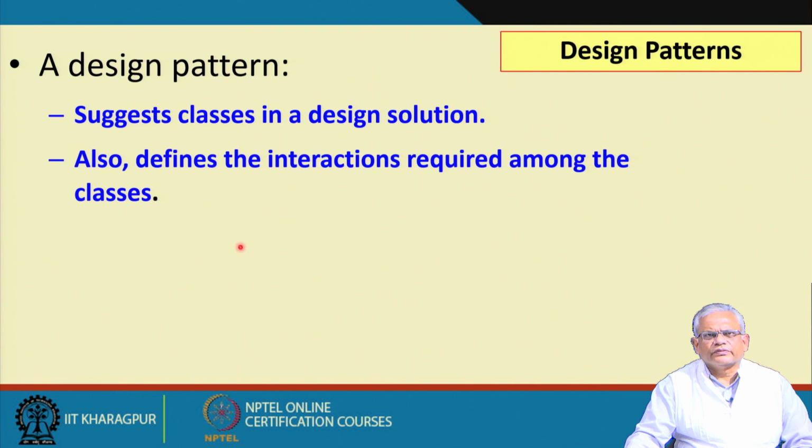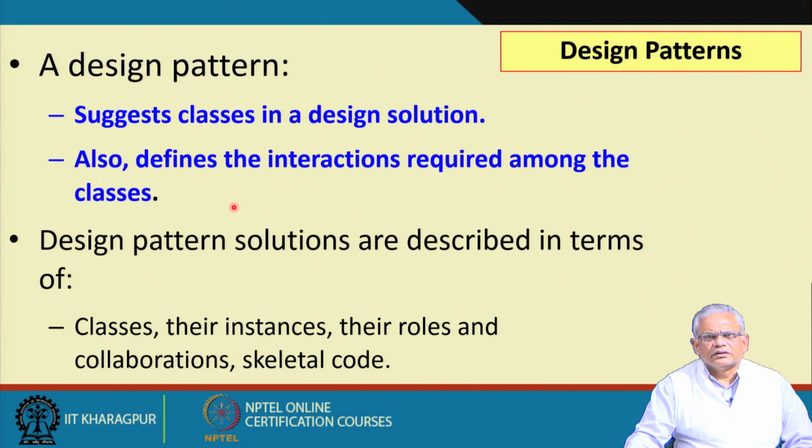Not only does it provide a class diagram, but it also defines the interactions required among the classes. The pattern solutions for design patterns are given in the form of class diagrams, objects, the roles of the classes, collaborations among classes, and also the skeletal Java code for every GOF pattern.